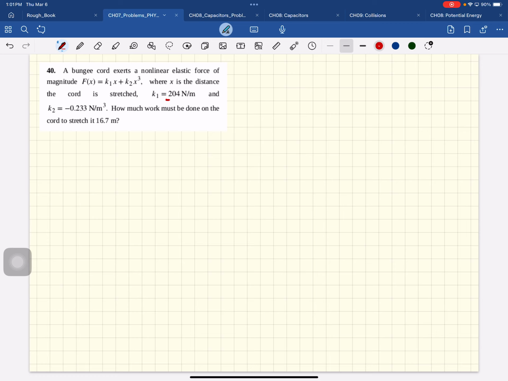Now the question is, how much work must be done on the cord to stretch it 16.7 meters? So here's the bungee cord. If you stretch it, the bungee cord will apply a force in this direction, and you have to apply a force in the opposite direction to stretch it.